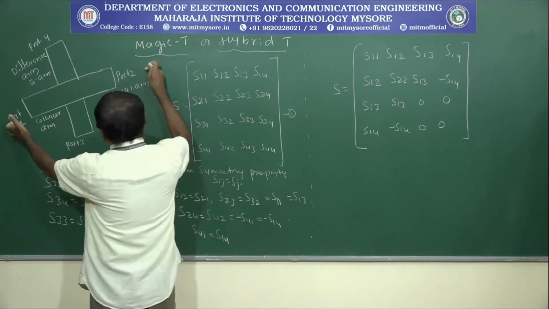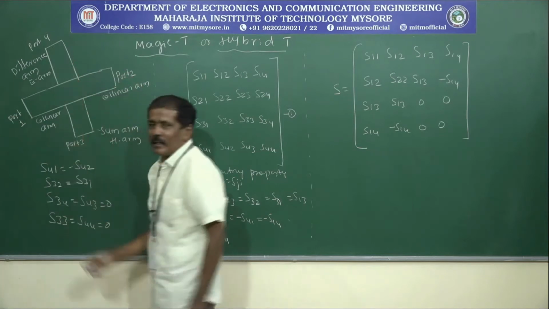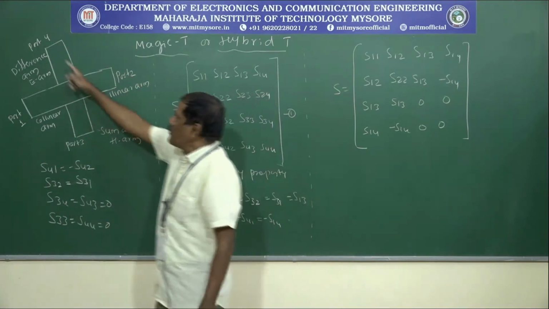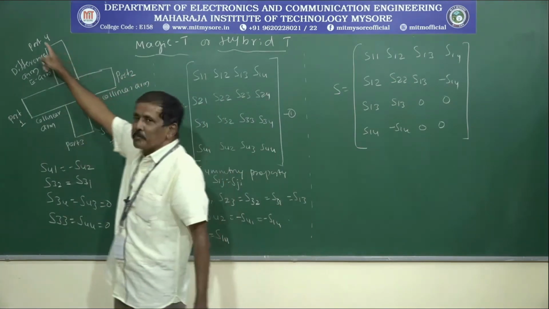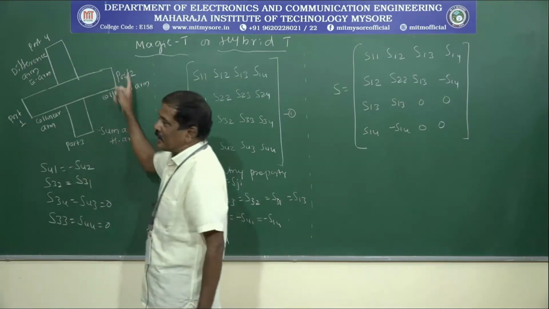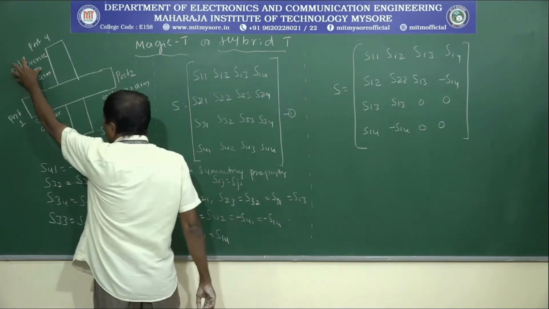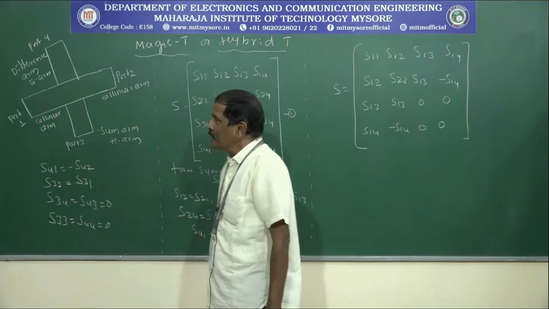And if you apply signals to port 1 and port 2 and measure the output at port number 4, the output you are getting at port number 4 is the difference between the signals at port 1 and port 2. Therefore it is called a difference arm.